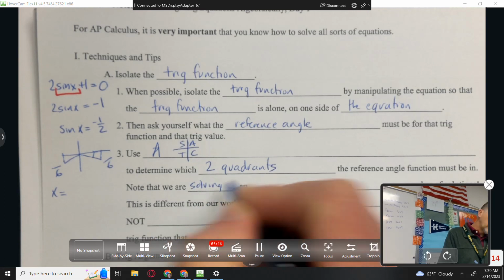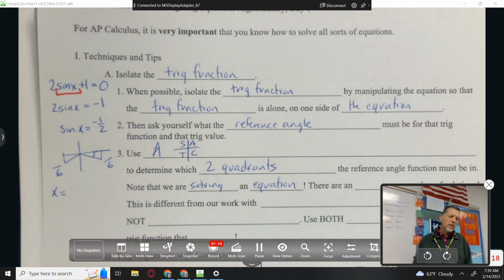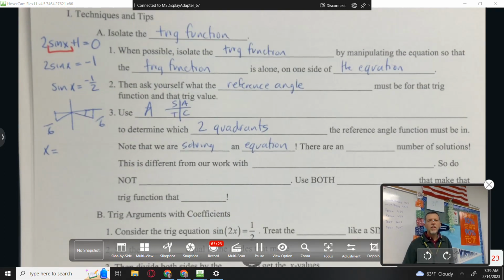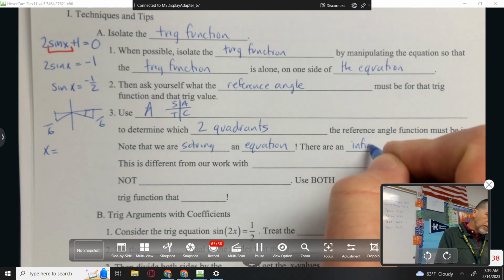Now that we are solving an equation, there are blank number of solutions. How many solutions are there? Infinite, right? So it happens 2 places on the unit circle, but because we can get there so many ways, there's an infinite number of solutions.